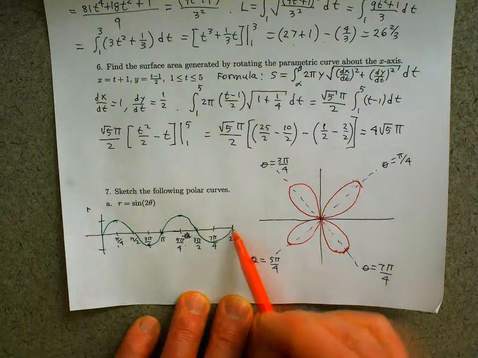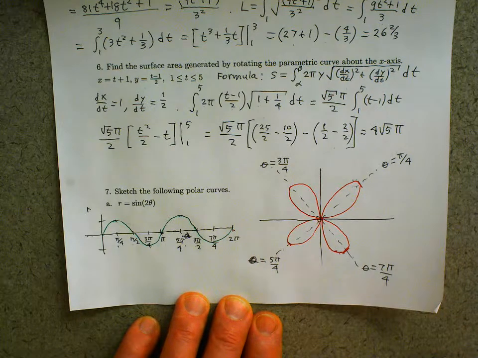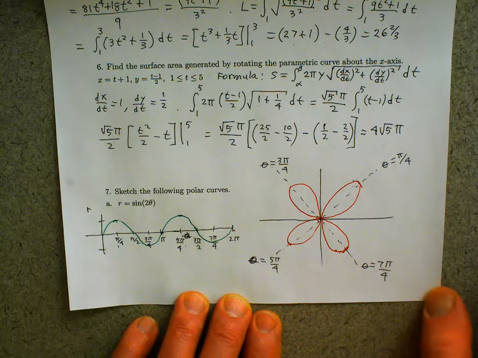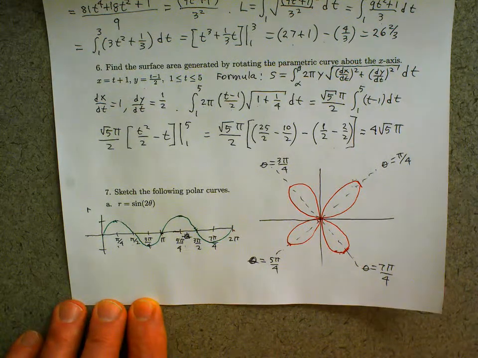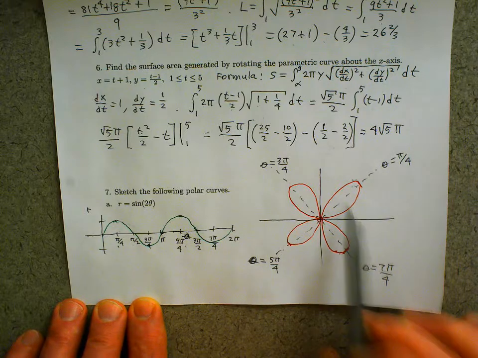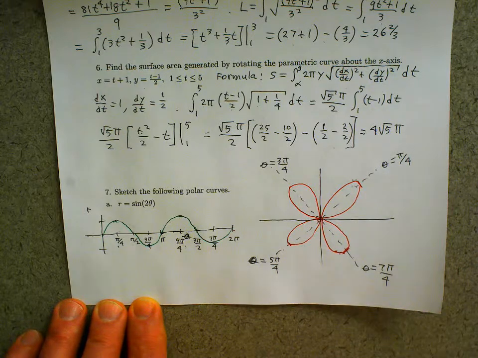And then back to 0. So 4 loops. Each one of those loops is supposed to be the same size.